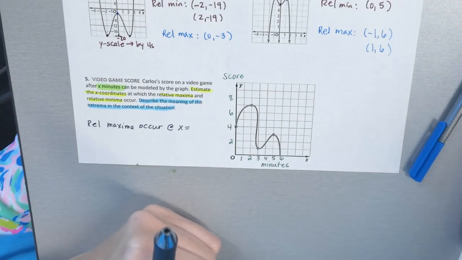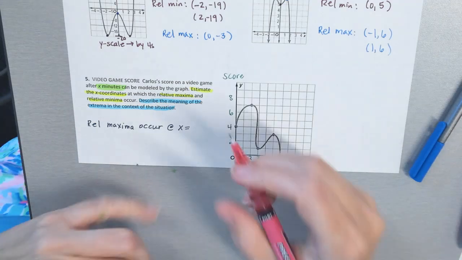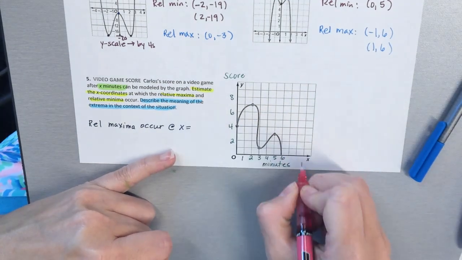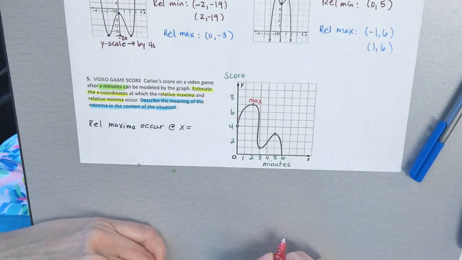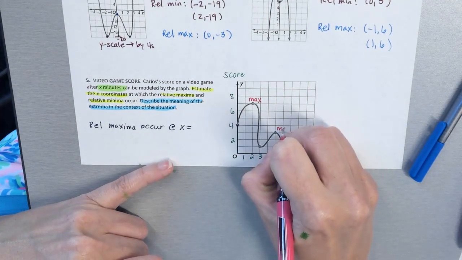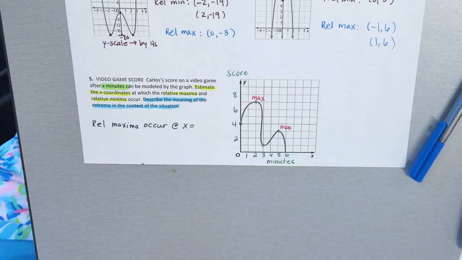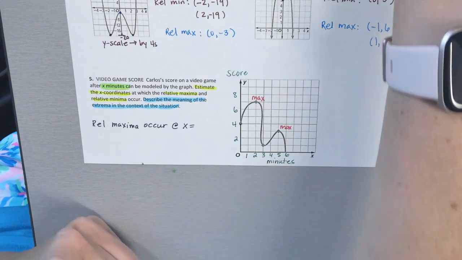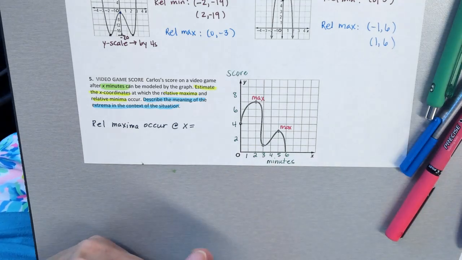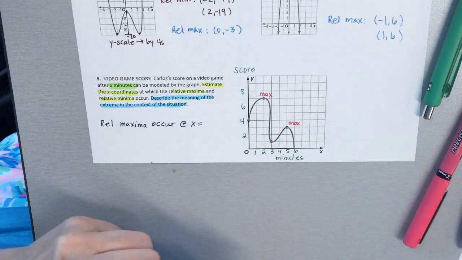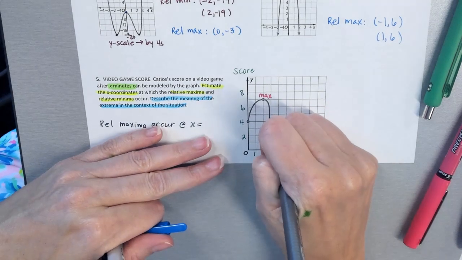Okay, so let's do that then. Can't be the start, can't be the end. So we have a max here. We have a max here. Then we have a min here.